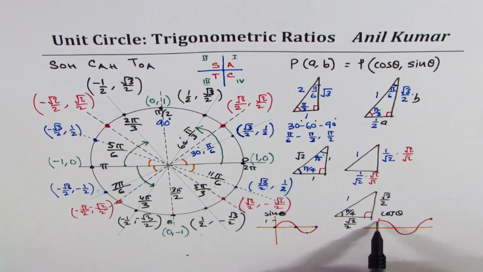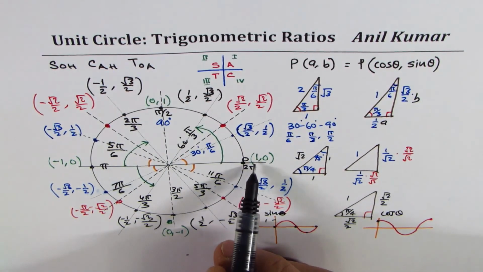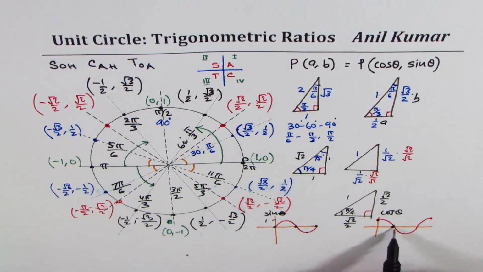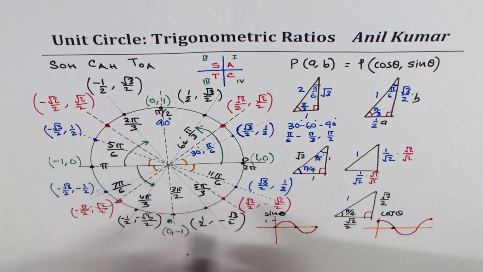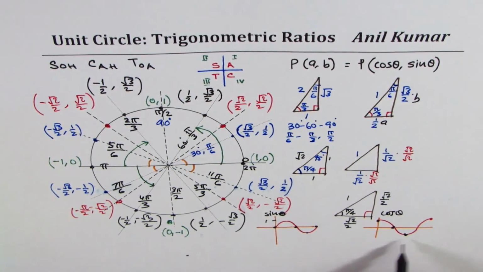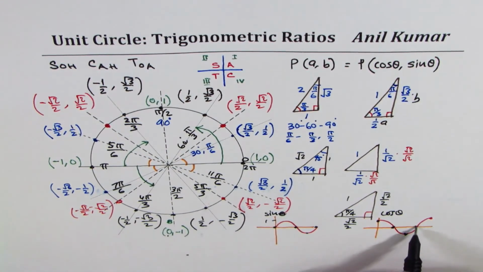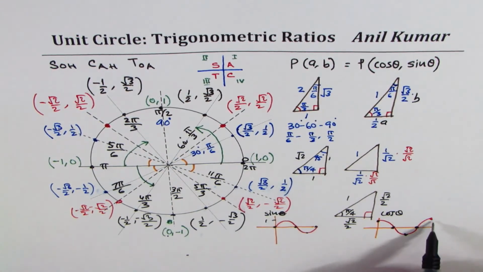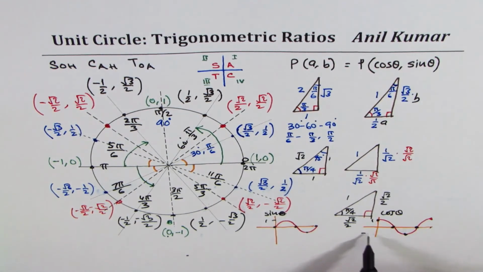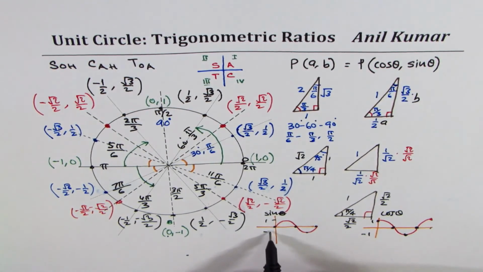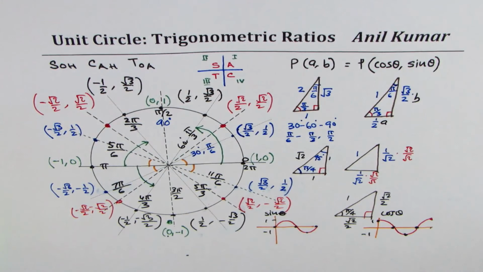As far as cosine value is concerned, the x values start with 1, correct? Goes to 0, then to -1, correct? 0, and then to +1, correct? So that is how you could relate with sine and cosine curve also as we move along this circular path.